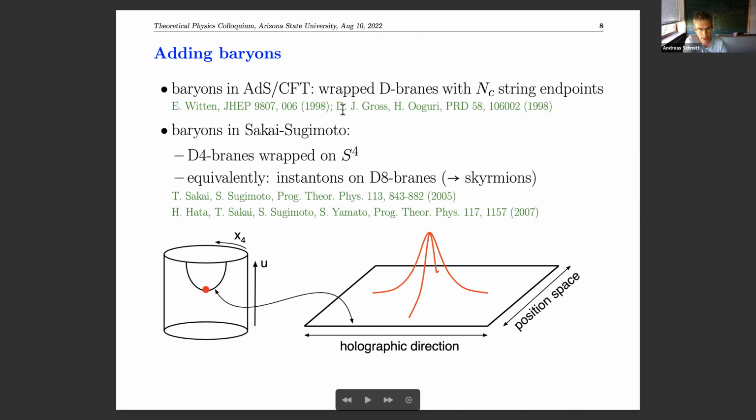What we need to know is that in this particular model, this construction is equivalent to instantons on these D8 branes. And this makes the connection, by the way, to the Skyrme model, which some of you may be familiar with.